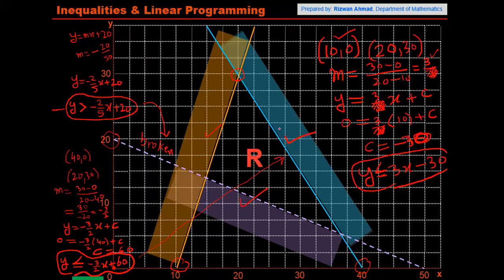Here the region is below, so there should be a less than sign, and the line is dark, so it is less than or equal to. Then the third one is this yellow one. Here the region is below the line, so we have a less than sign and equal also because the line is dark. So these are the three inequalities which are satisfying this region R.